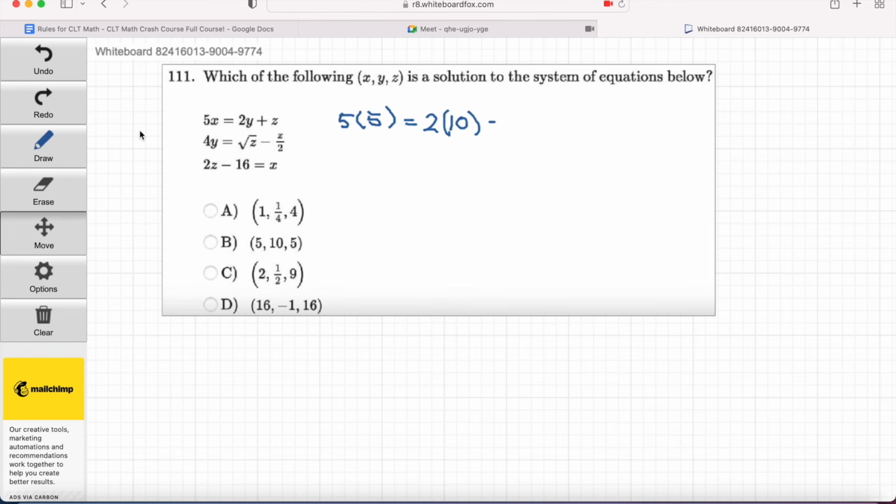Looking good. Again, these are ordered pairs, except we got 3 of them, so it's X, Y, and Z values. Looking good. True statement? Yep, absolutely true. Let's try the second equation.